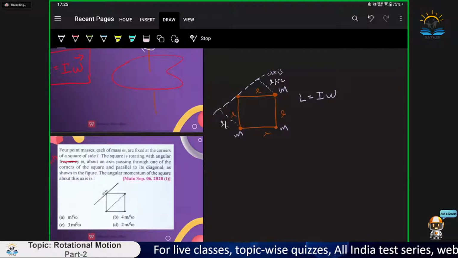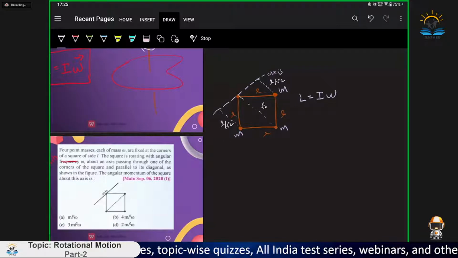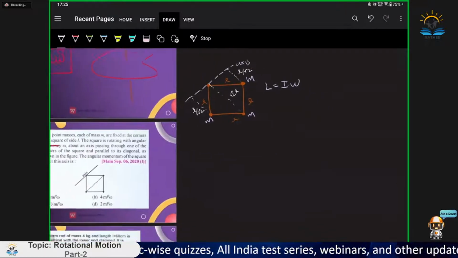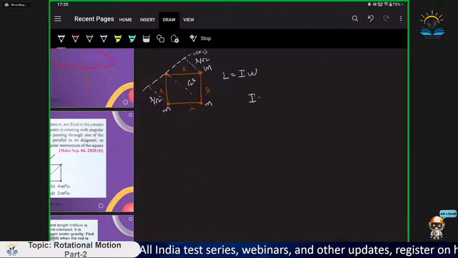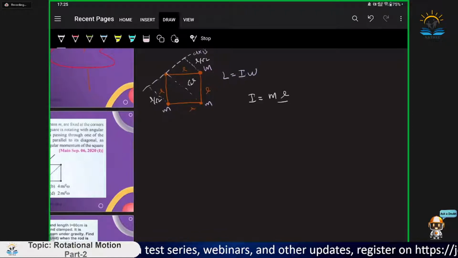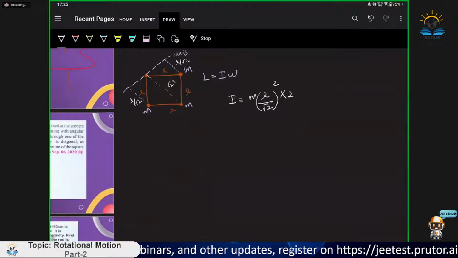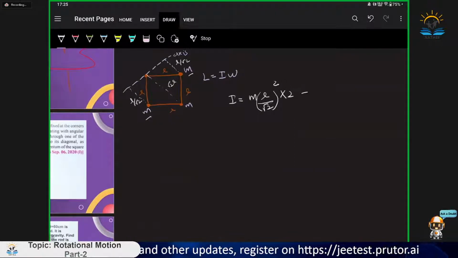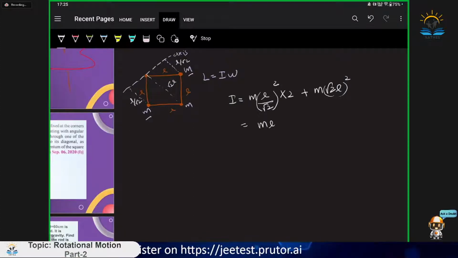Here also L by root 2, and the distance of the diagonal mass will be root 2 L. So moment of inertia I will be m into (L by root 2) square into 2, plus m into (root 2 L) whole square. This will be mL square plus 2mL square, that is 3mL square.